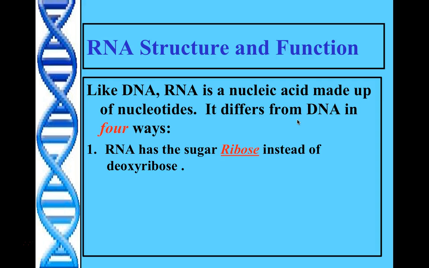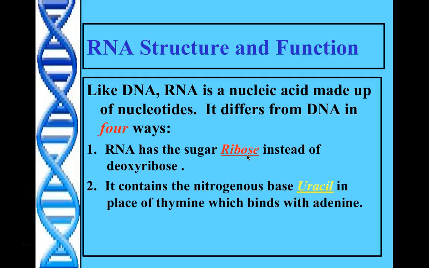So instead of the sugar deoxyribose for DNA, this sugar's name is ribose, and this is where the R from RNA comes from. Similarly, the D in DNA comes from deoxyribose, and the R in RNA comes from the sugar called ribose.